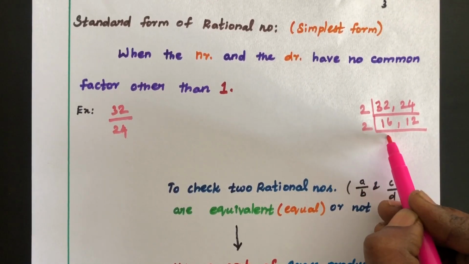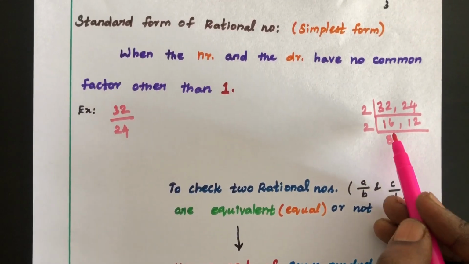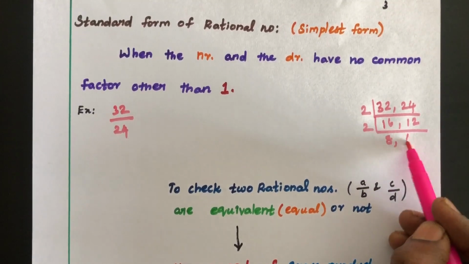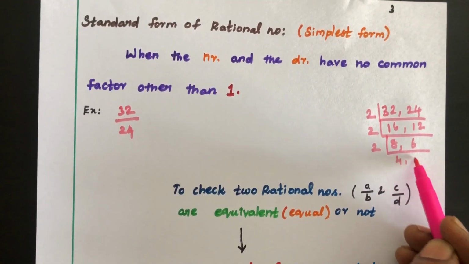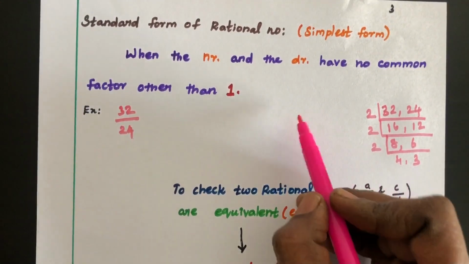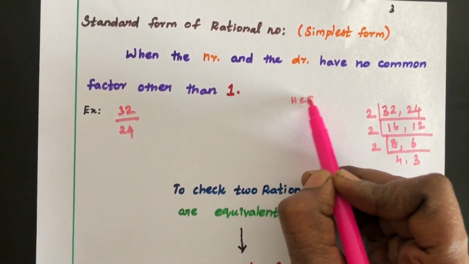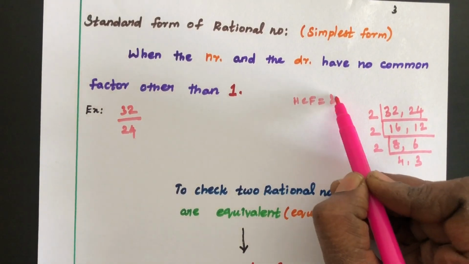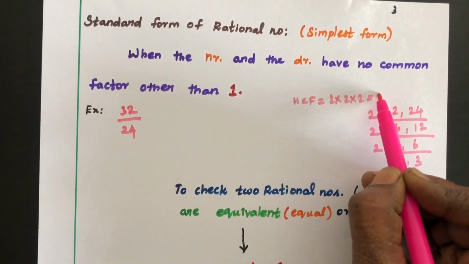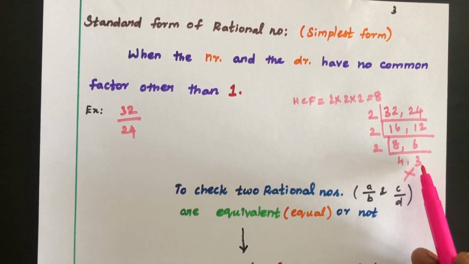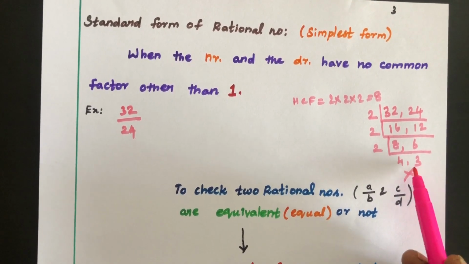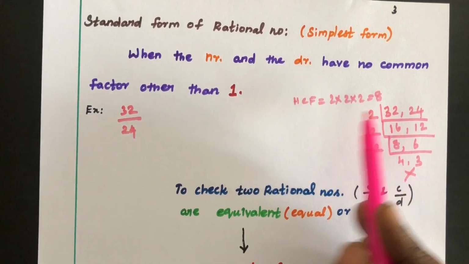Again by 2: 8 and 6. Again with 2 you can divide: 4 and 3. That's all. So HCF is equal to 2 into 2 into 2, which is equal to 8. We should not take 4 and 3 into consideration because they don't have any common factor. So this is our HCF.